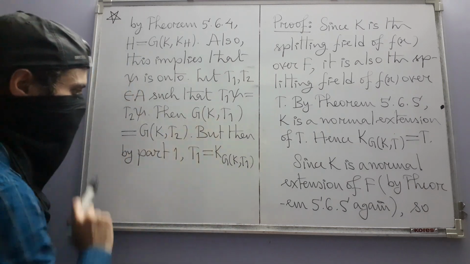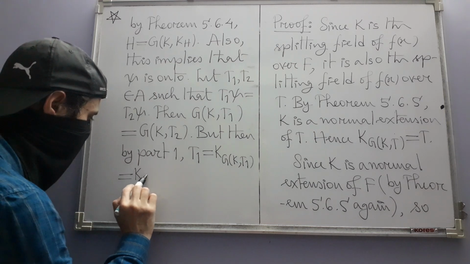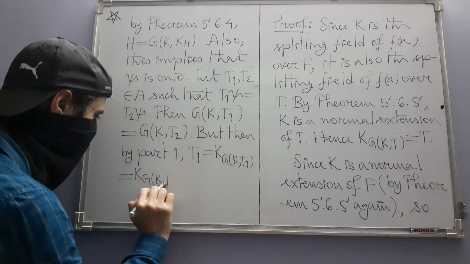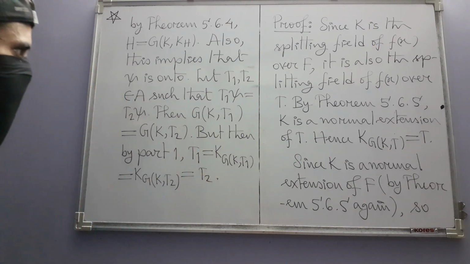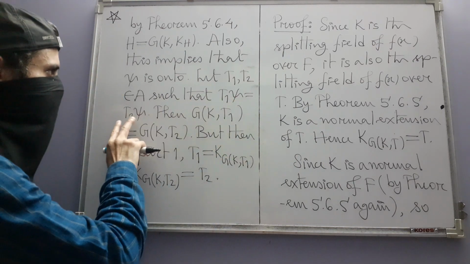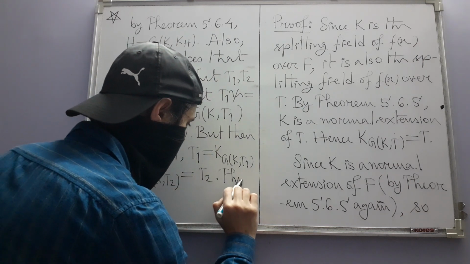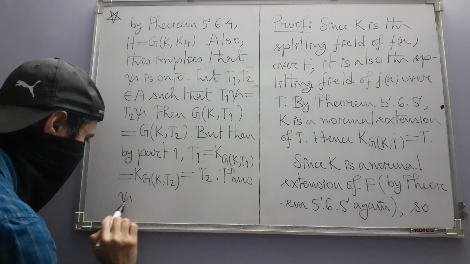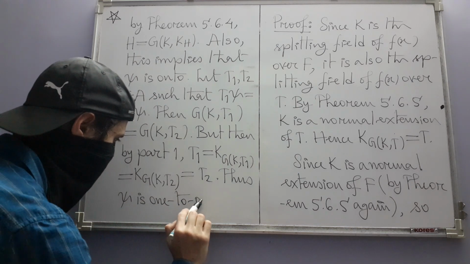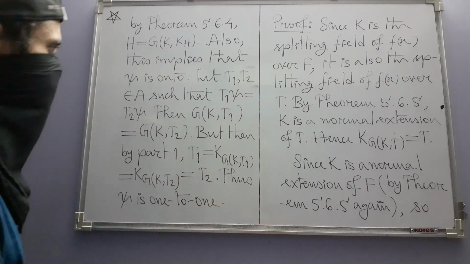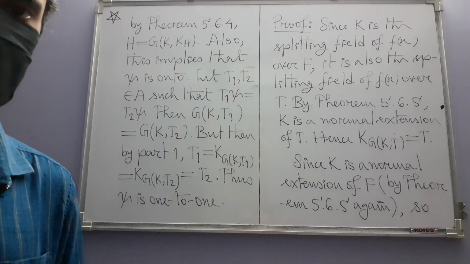But if these two groups are equal, their fixed fields would also be equal. And again, by part 1, this is nothing but T2. So we have proved that if images are equal, then inputs are also equal. Thus psi is one-to-one. So being one-to-one and onto, we have proved that psi is a one-to-one correspondence between the sets A and B.